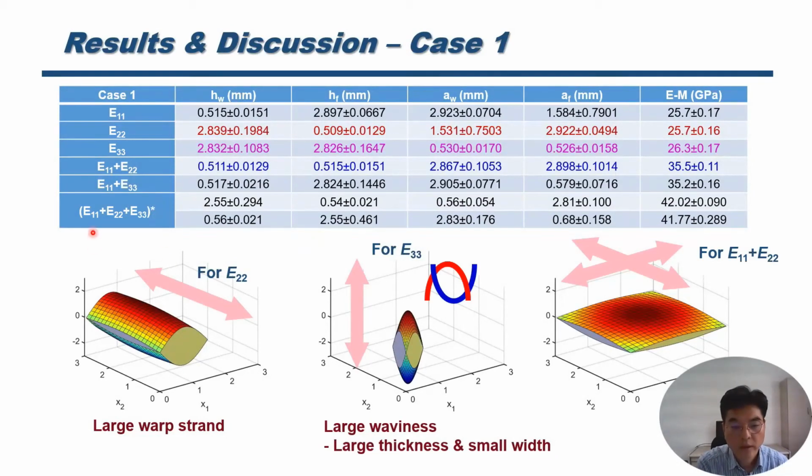E11 is kind of a longitudinal property. However, E33 is a transverse property to the fiber direction. So E11 is the dominant property, and the structures for E11 and E33 are quite similar.